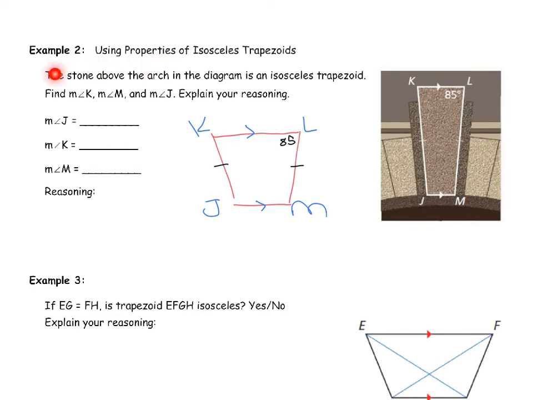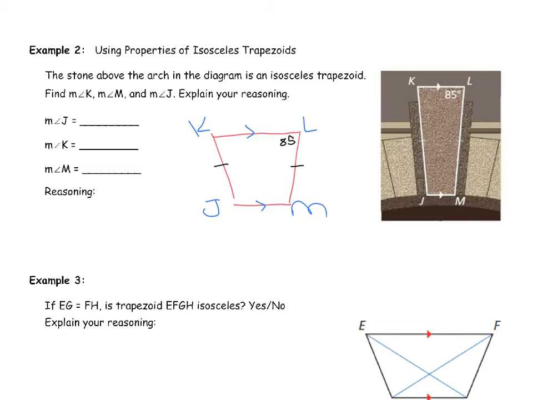All right, kiddos, so let's go ahead and put our properties to use here on our next example. So we have the stone above the arch in the diagram is an isosceles trapezoid. So we need to find the measurements of angle K, J, and M. All right, we're going to explain our reasonings here as well. So they've given us that the angle L is 85 degrees.